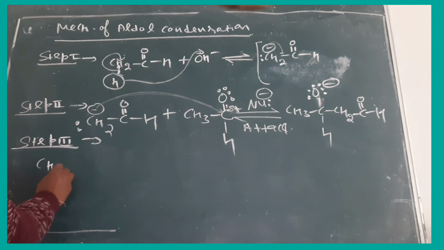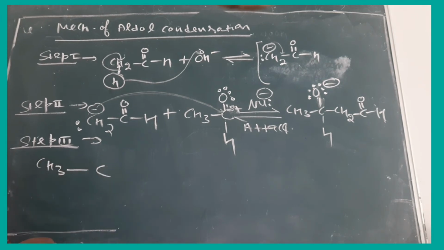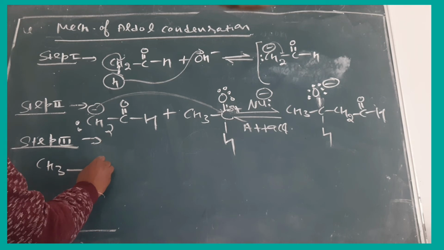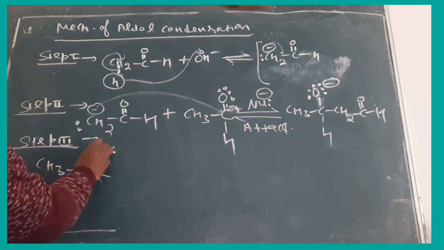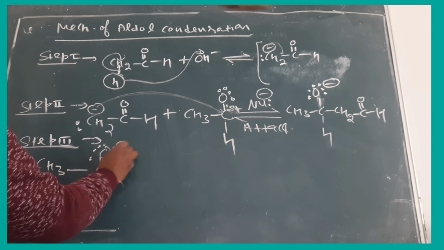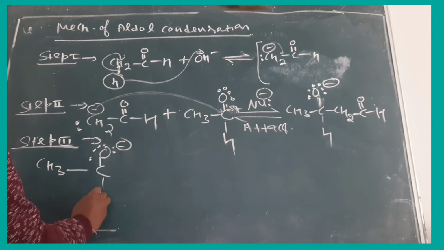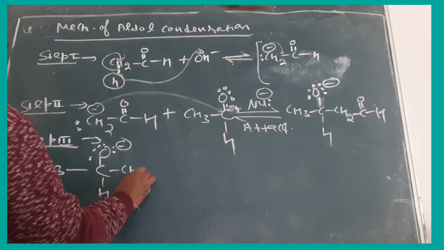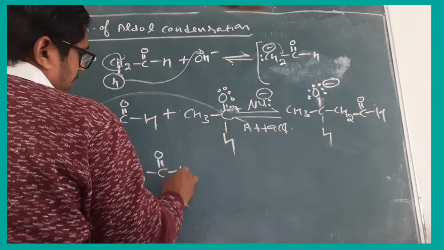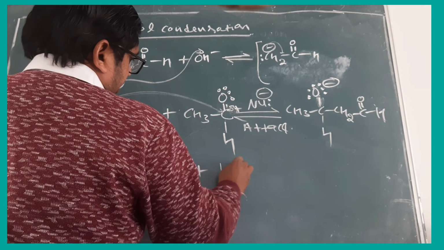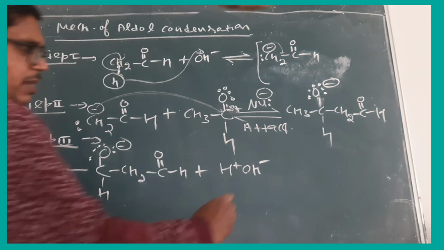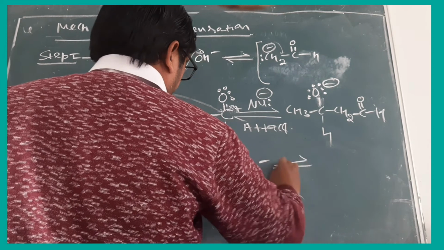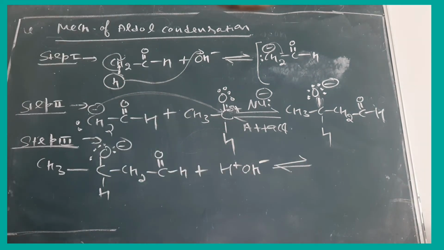Means CH3, then along with that CO negative, then H is there, CH2 COH. We are giving its reaction with water, H positive and OH negative. Then what will we have?